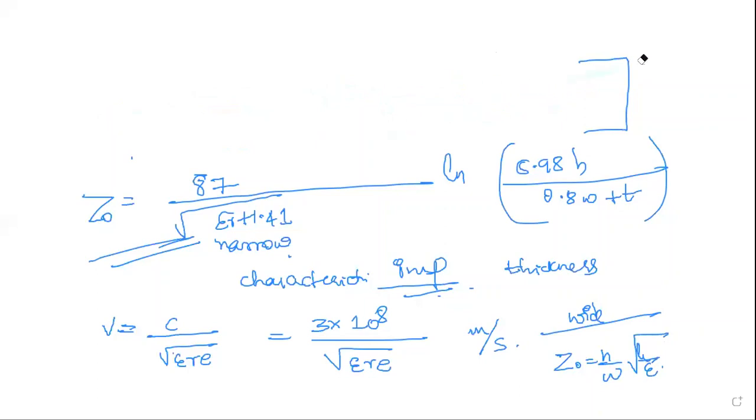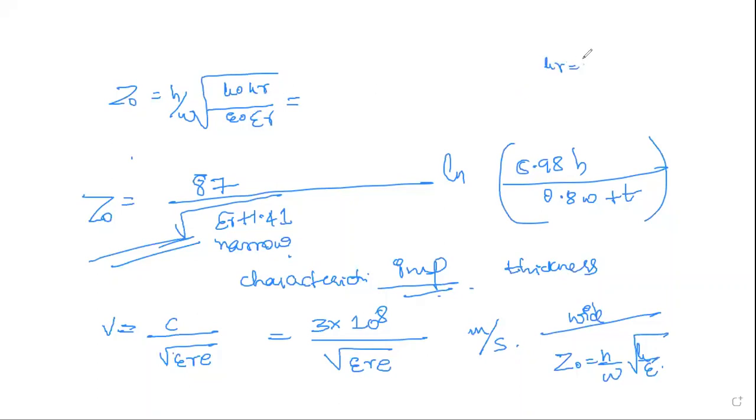Now again you have to simplify this a little bit. Instead of mu and epsilon, as I have told you already, it is usually taken as square root of mu naught into mu r, square root of epsilon naught into epsilon r. Now, if we consider free space, mu r is equal to 1.